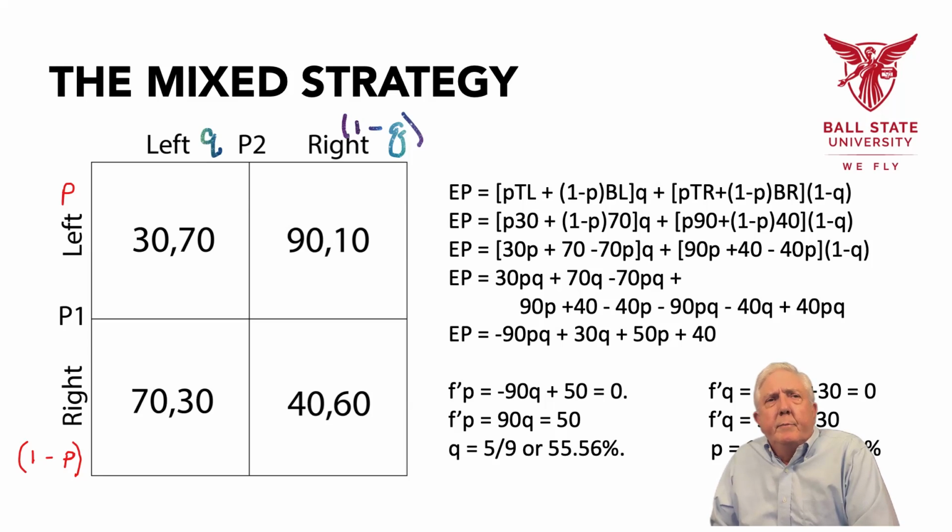And if player 2 chooses right, player 1 will choose left. Now, if player 1 chooses left, player 2 will choose left. And if player 1 chooses right, player 2 will choose right. Guess what? There is no pure strategy Nash equilibrium.